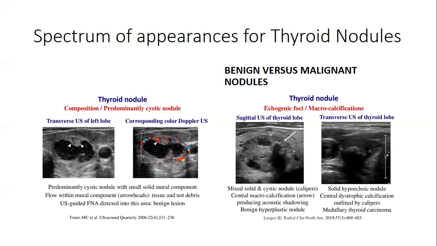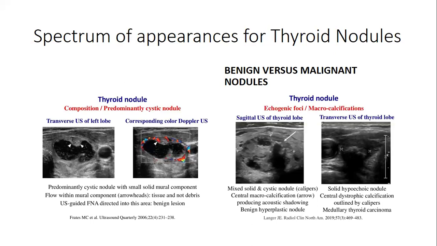So there's no intranodular perfusion. So you find this lowers the index of suspicion for malignancy.